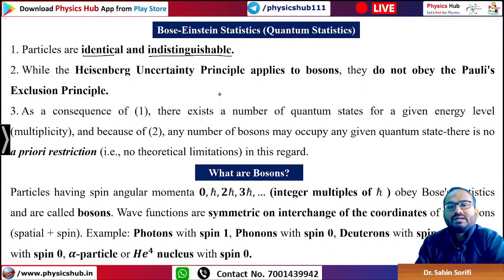It means you can put as many bosons as possible in a particular energy state. As a consequence, there exists a number of quantum states for a given energy level, and any number of bosons may occupy any given quantum state. There is no a priori restriction, no theoretical limitation in this regard.